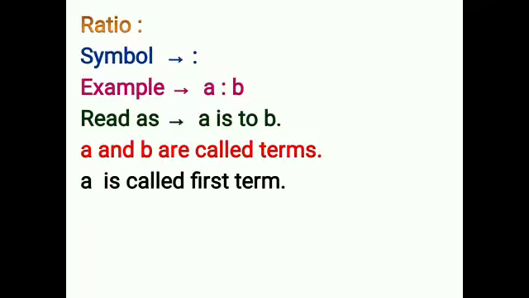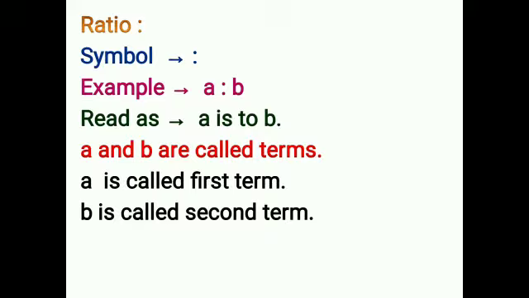Here A is called the first term, and B is called the second term. So this is the meaning, and how to write and read the ratio. Two dots is the symbol, and we read it as A is to B. In the ratio, the first number is called the first term, the second number is called the second term.